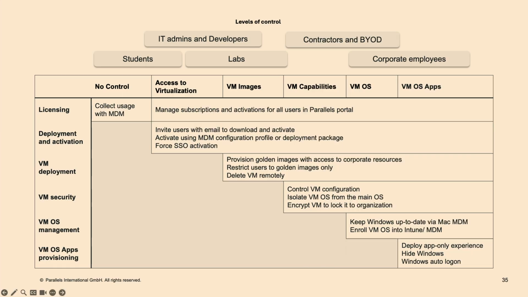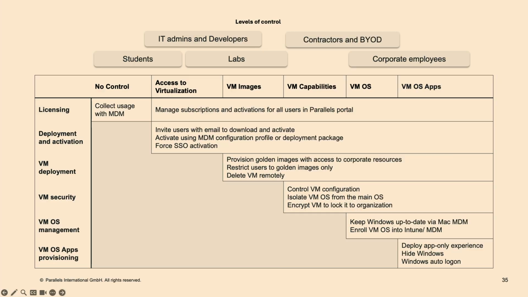We have covered access to the virtual machine, deployment, management, security, the operating system inside the virtual machine, and even specific applications like Windows applications. So it is up to you to choose the level you like and to enforce your users onto it. So keep control of what's happening in your environment, and feel free to send us feedback.